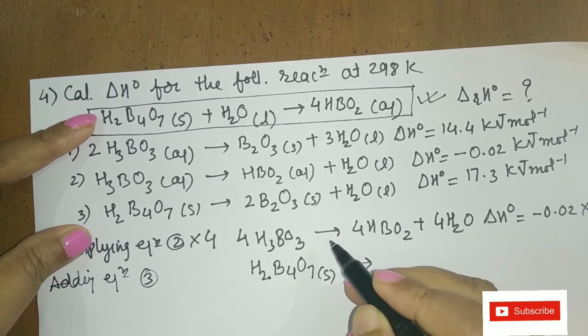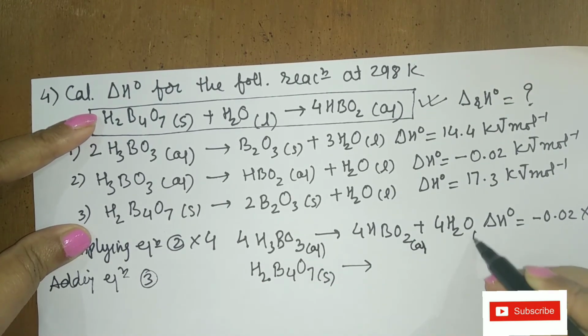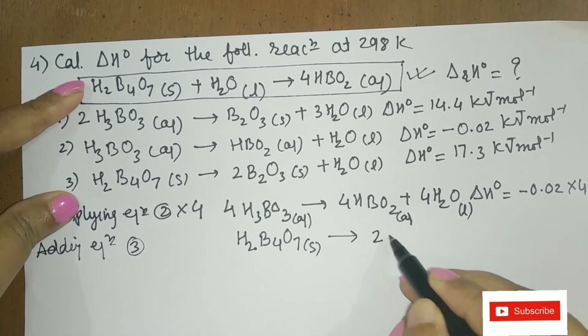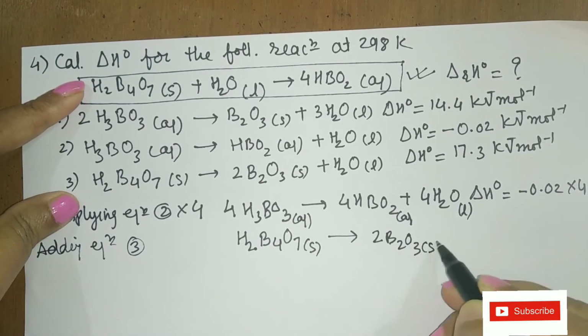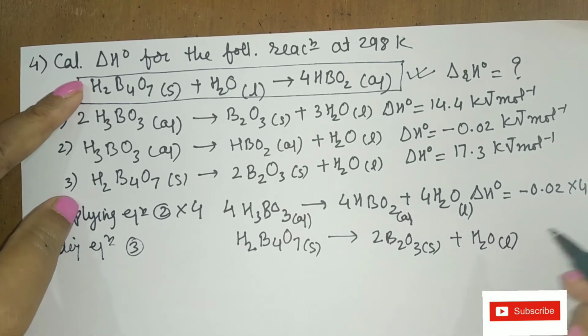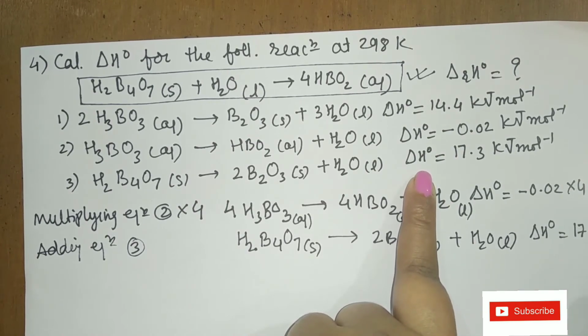You can mention the physical state simultaneously. That is also very important. Many times we miss out the physical states. Now this will give me 2B2O3 solid plus H2O liquid. As I have written this step as it is, you write the enthalpy change also as it is. So it will be 17.3 kJ per mole.